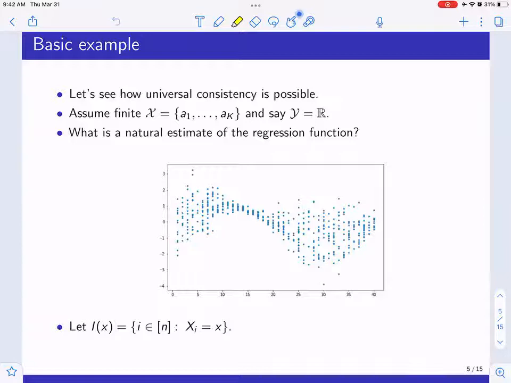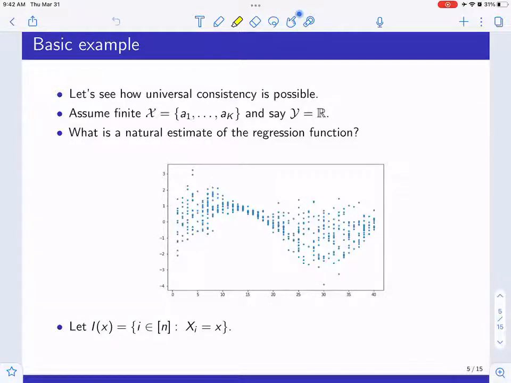So we had the finite alphabet, and this is an example. I changed it a little bit, so you can see that this is a regression problem. You have 40 levels for x, and then y can take any values in the reals. And so what was the natural estimator here?